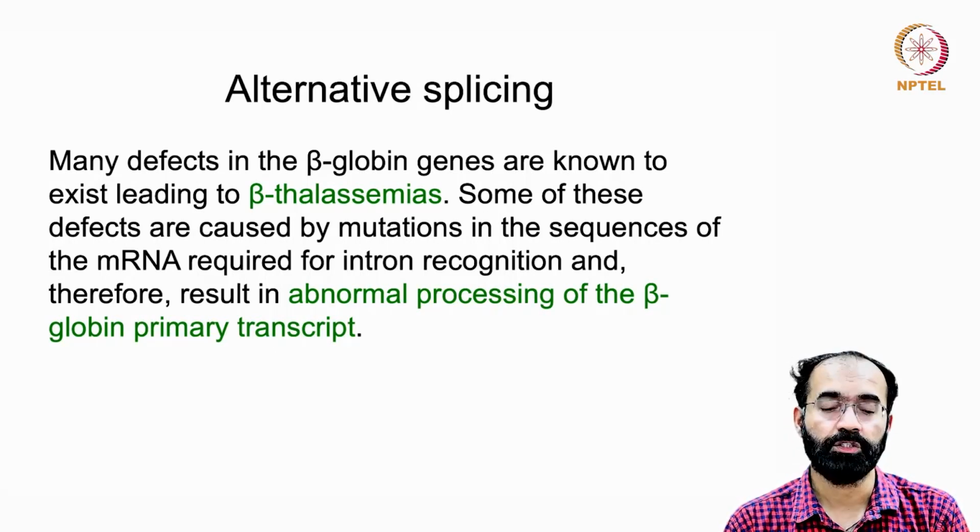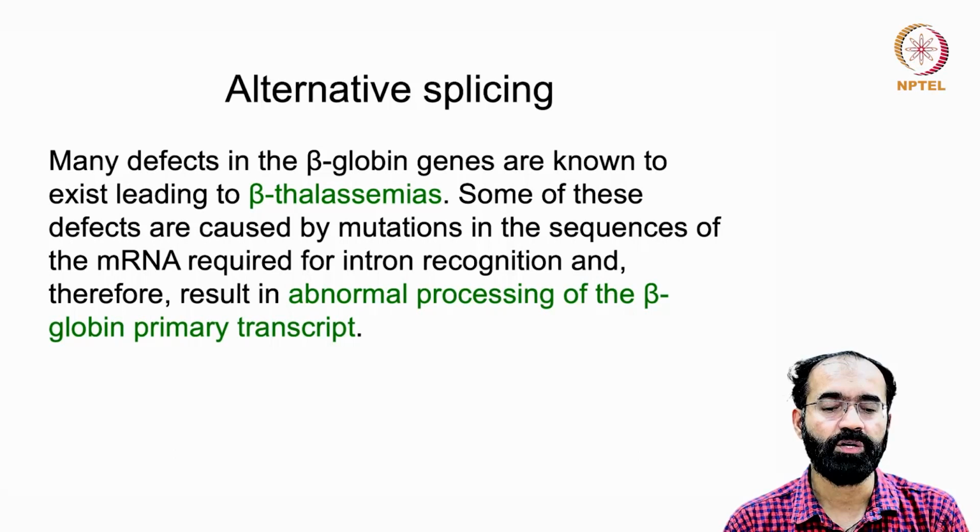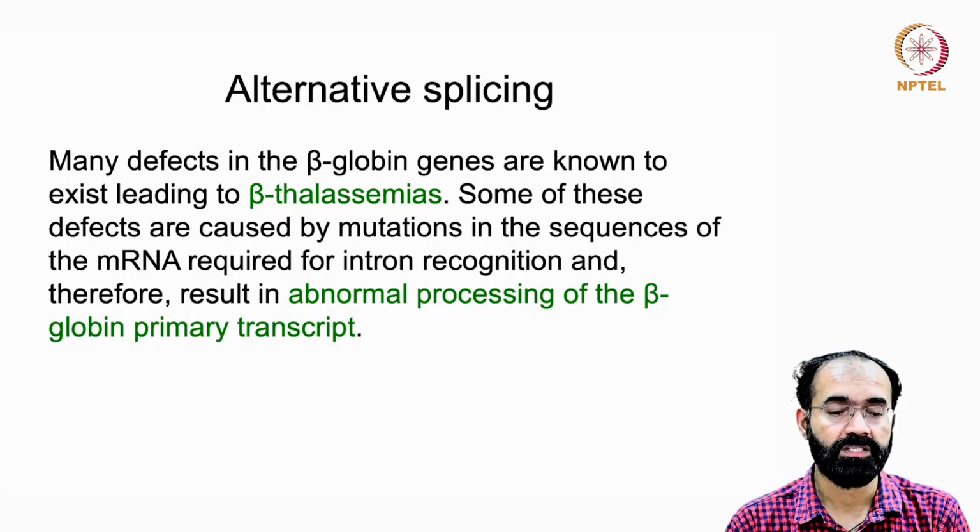Parents' blood samples are usually tested, by gene sequencing etc., to check whether they are vulnerable for beta thalassemia. Some of these defects can be caused by mutations in the sequences of mRNA required for intron recognition, and therefore it can result in abnormal processing of the beta globin primary transcript.